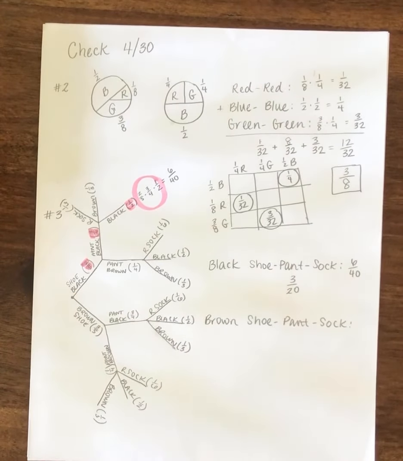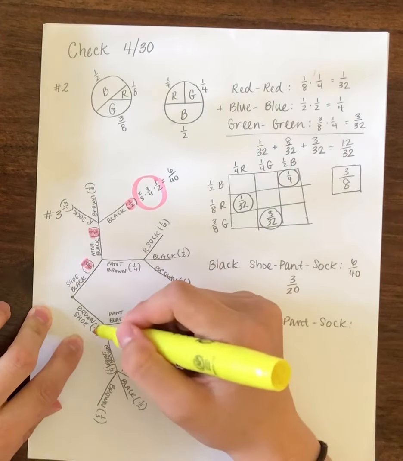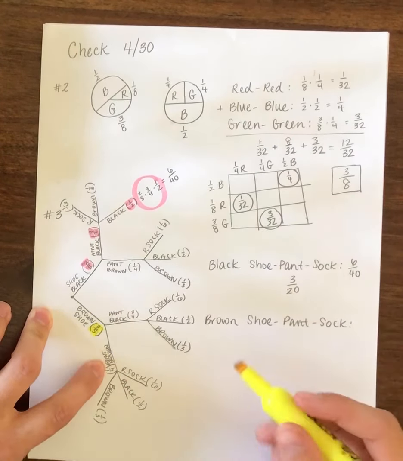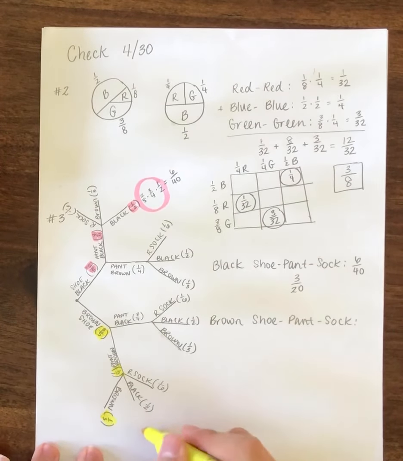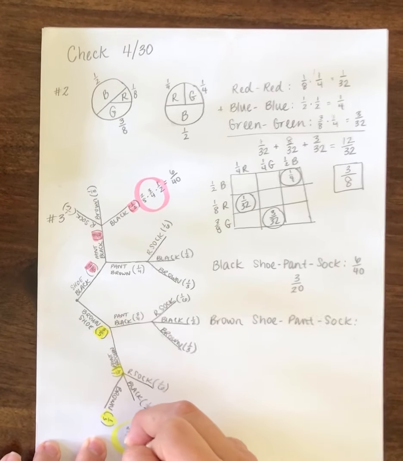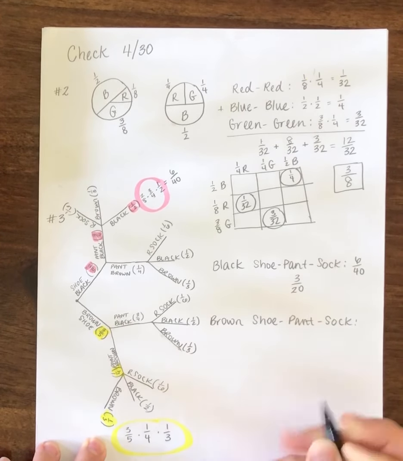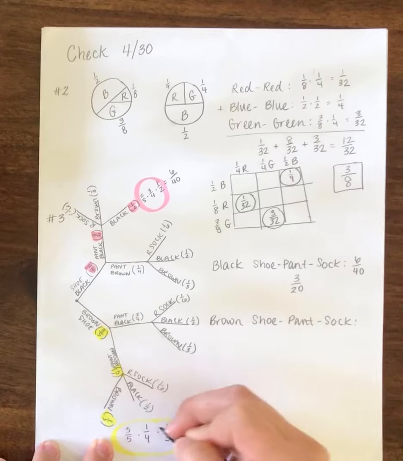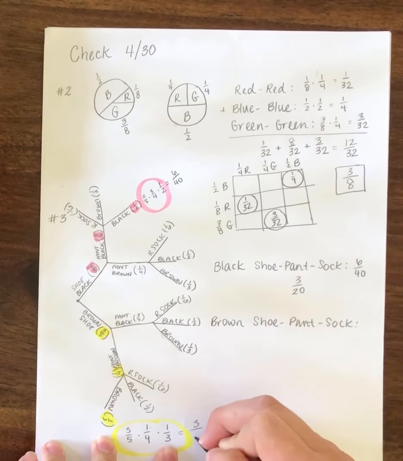But remember, you also have the possibility that you could have all brown items. So I could have a brown shoe, brown pants, and brown socks, and that would be 3/5 times 1/4 times 1/3, which becomes 3 times 1 times 1 is 3. 5 times 4 is 20, times 3 is 60.